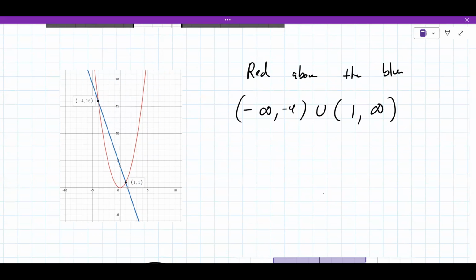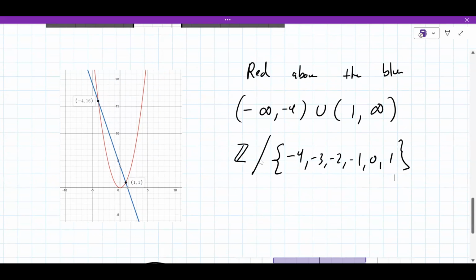You would say it's the set of integers Z slash, I don't know if you use this notation in your course. That means take away, like remove these from it. Maybe you aren't using that, but you're supposed to say it's all the integers except for those.